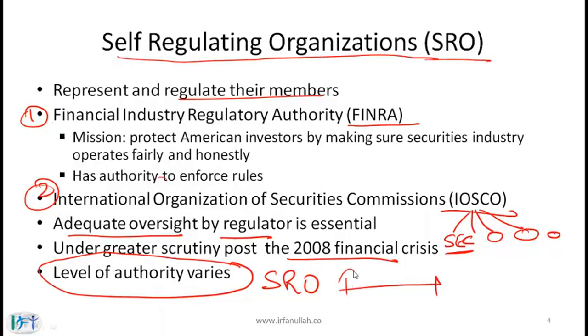At one end of the spectrum, you might have a situation where the SRO has the authority to enforce rules. At the other end of the spectrum, you might have a SRO that simply provides best practices, guidelines, and standards, and so on. When you take a look at example 1 in the curriculum, there is an example of a SRO in France which simply provides guidelines and best practices but does not have the authority to actually enforce rules.